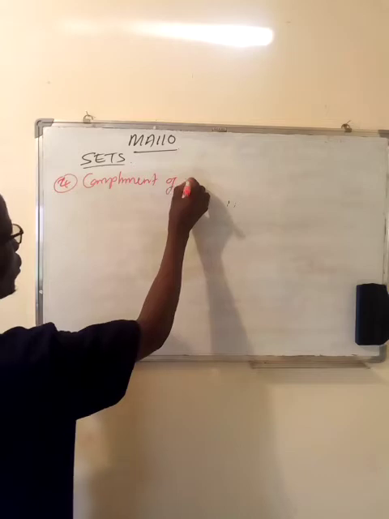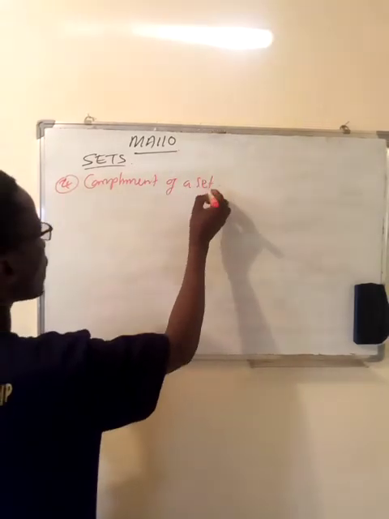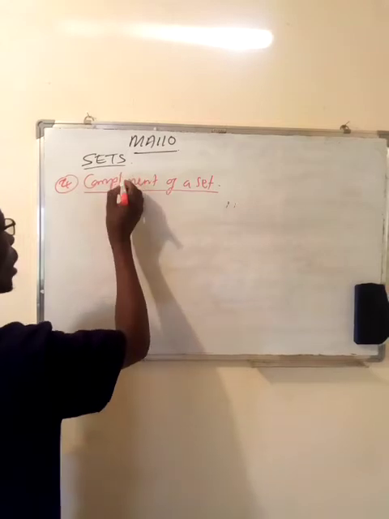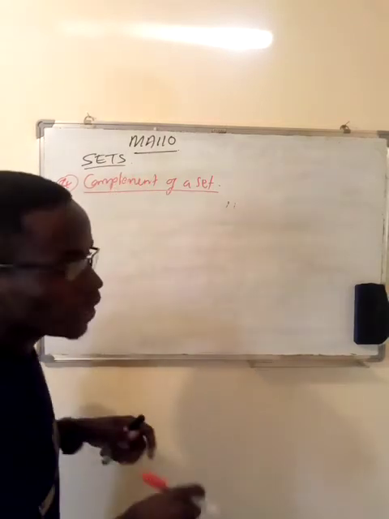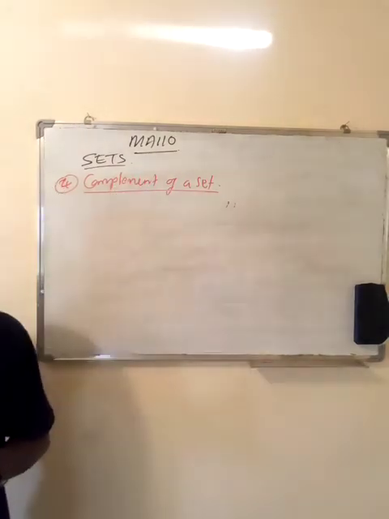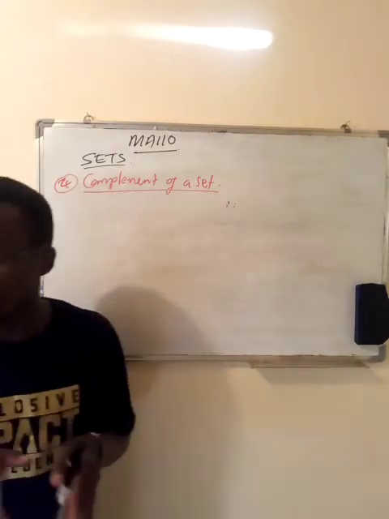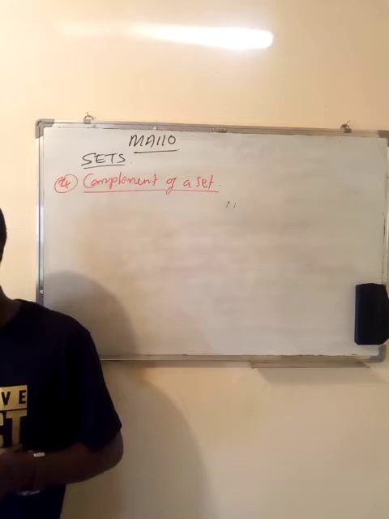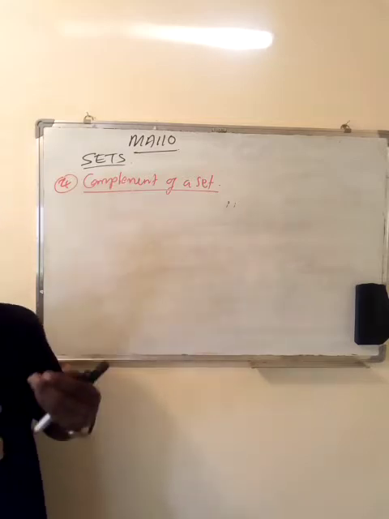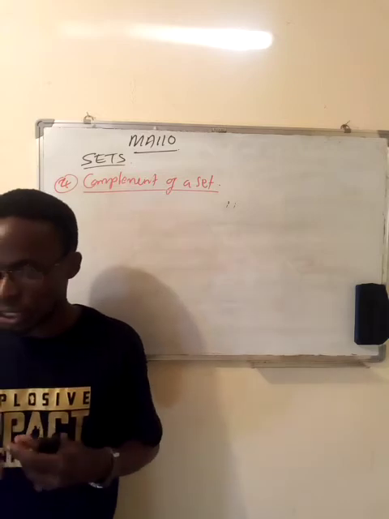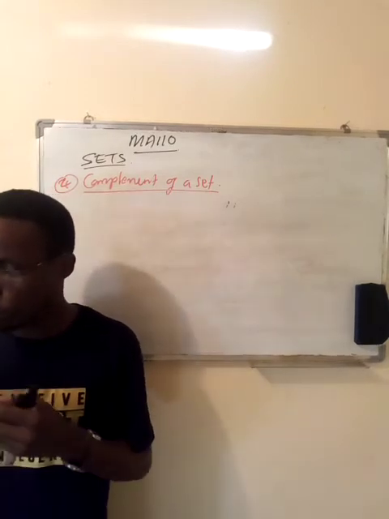When we say a complement of a set, it means those elements that should be added to another set of elements for it to be complete, or rather to make the universal set. So a complement of a set is those elements that are not part of a given set, but within the universal set.